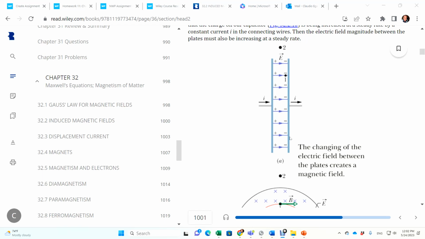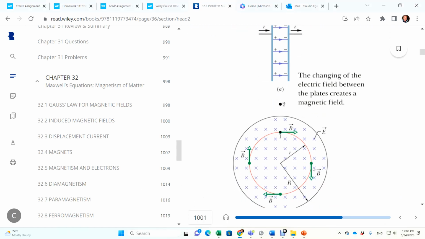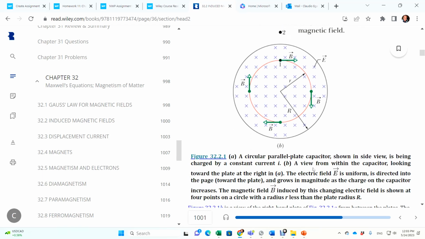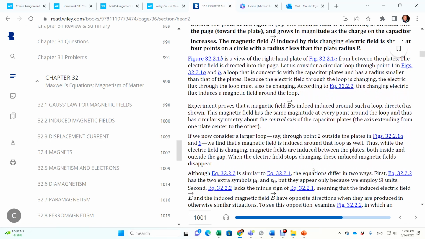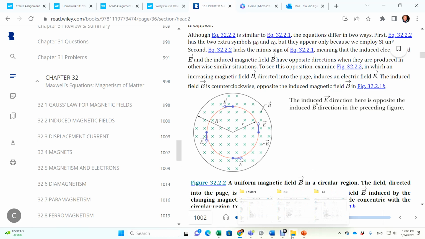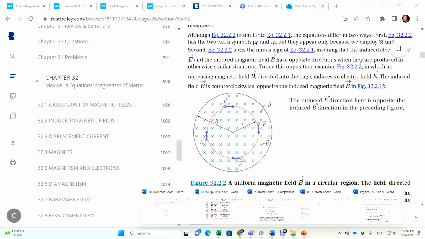This hinted the scientists that there must have been a missing term in Ampere's law. After looking very carefully at this problem, Maxwell finally realized that this missing term had to be another type of current.